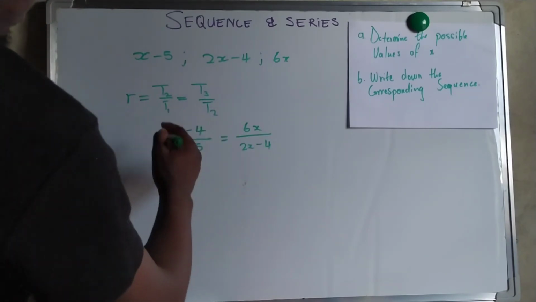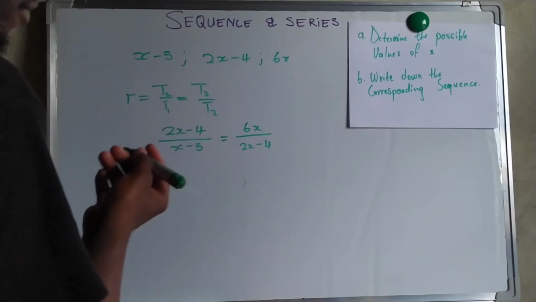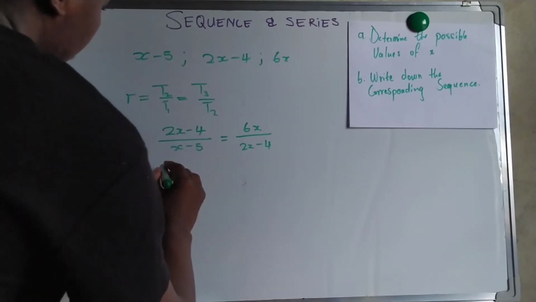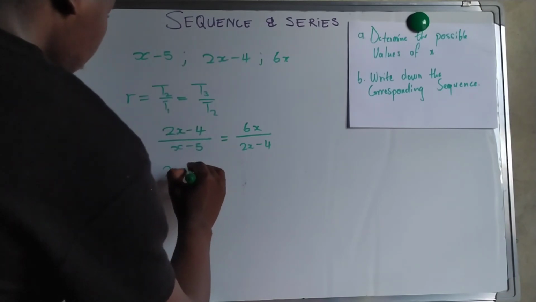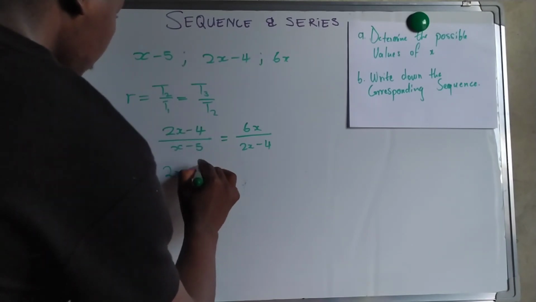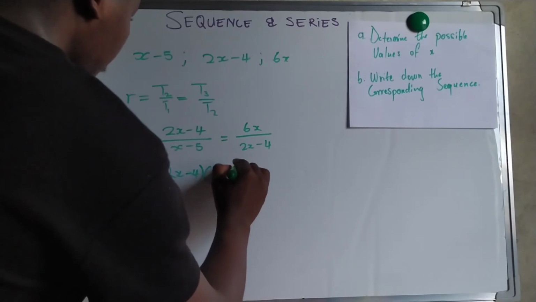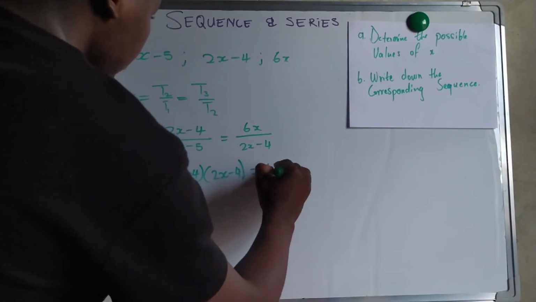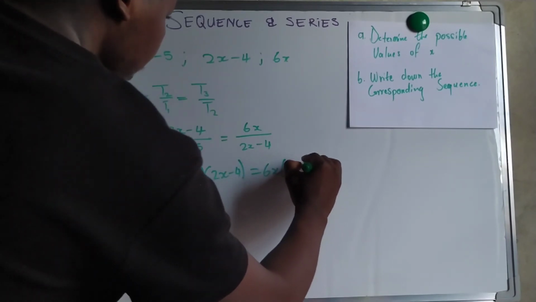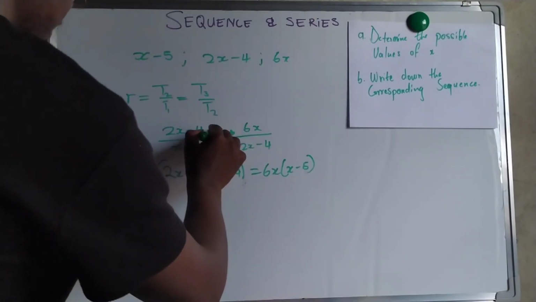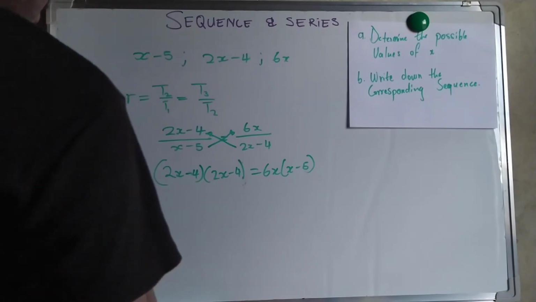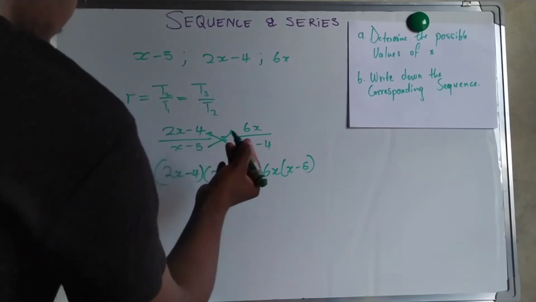Okay, then what we then do here, we're going to solve for x normally. The normal way it's done. So you'll have 2x minus 4, 2x minus 4 is equal to 6x times x minus 5. So this is cross multiplication. This multiplied by this multiplied by this, so that we get rid of the fraction.